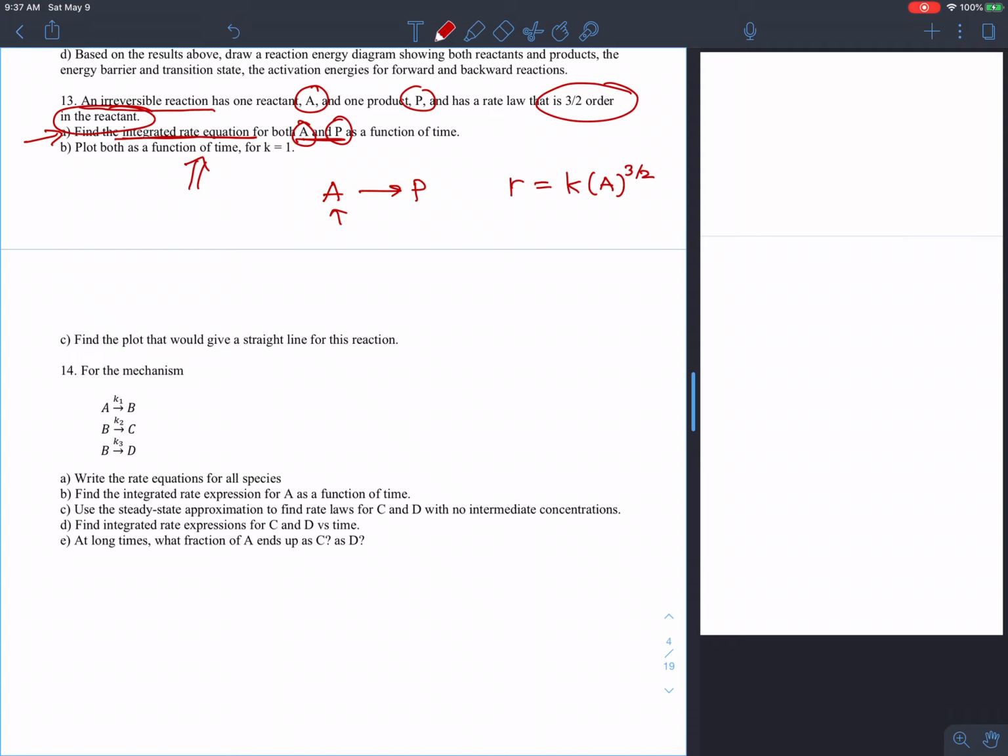And the purpose of the plot, of course, is just to give us a feeling for how this thing looks in this odd case. So this problem is asking us to basically exercise our ability to find integrated rate equations and figure out how integrated rate equations come about in the first place.